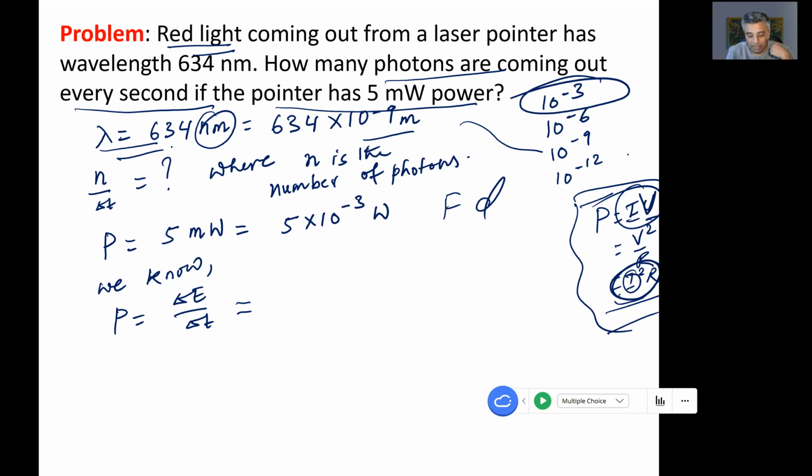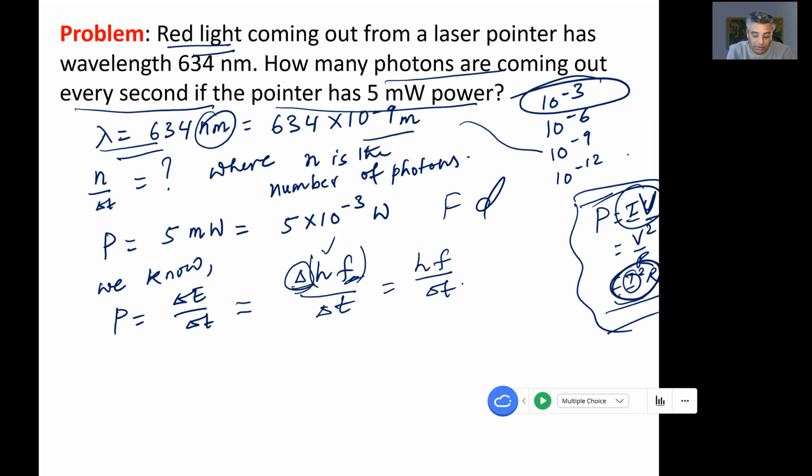Planck's law told us that energy can be written as h times f over the time interval. Planck's constant does not change and the frequency does not change, so nothing is changing here and we don't need to write delta. We can simply write h f over delta t.